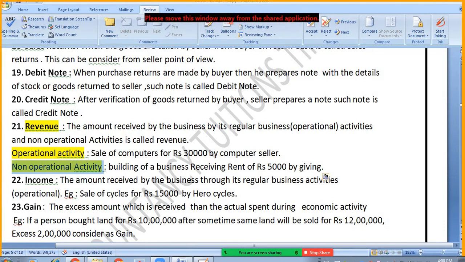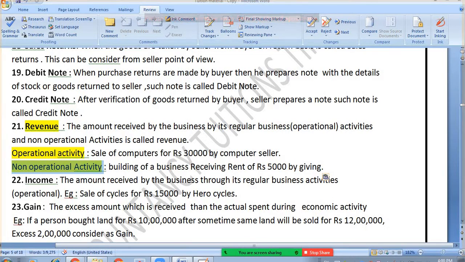But they generated the amount by depositing the surplus amount into the bank as a fixed deposit, and through that they receive some amount consistently, regularly. So this can be considered a non-operational activity.